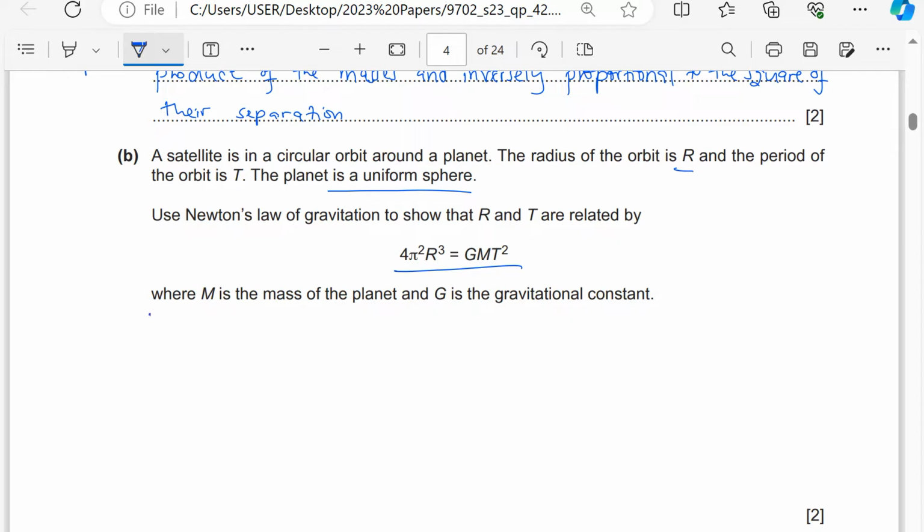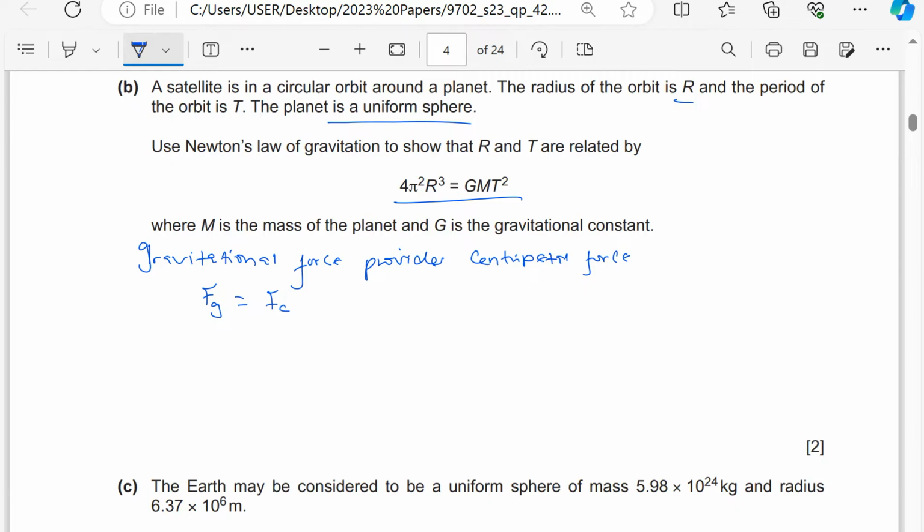So in other words, I'm saying the force due to gravity is equal to the centripetal force.